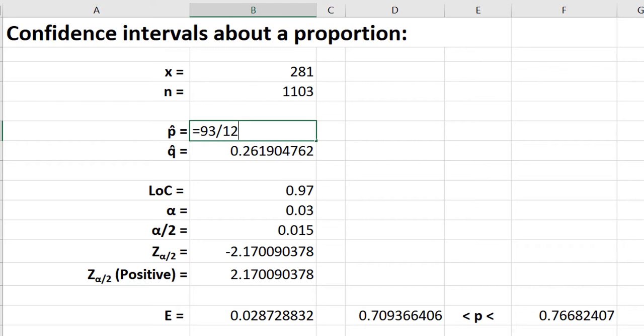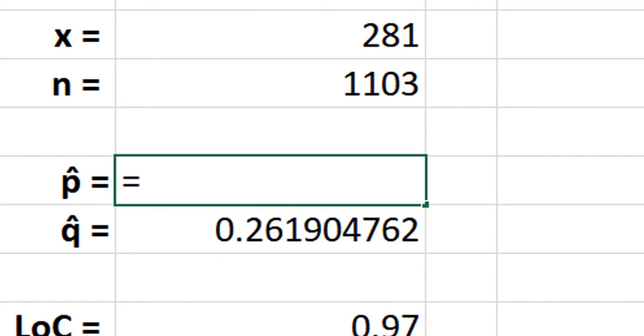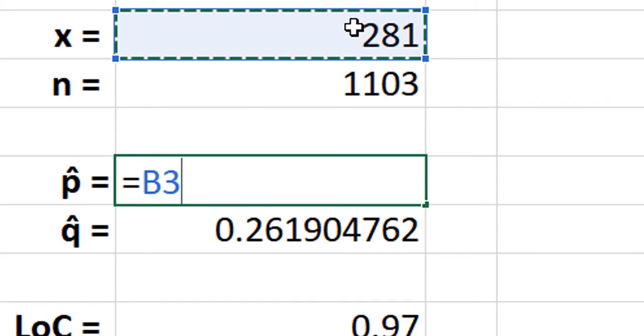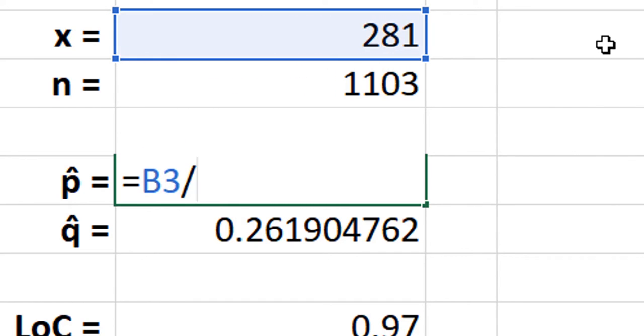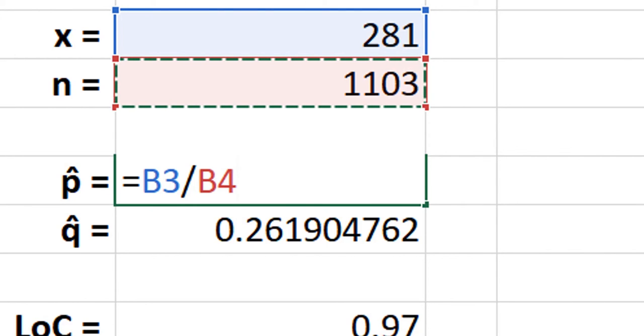All I have to do is change that to equals, and then click on the actual cell that contains my X value, which is what I didn't do last time, divided by the cell that contains my n value. Make sure you make that correction, or it's always going to show up with the same p-hat value.